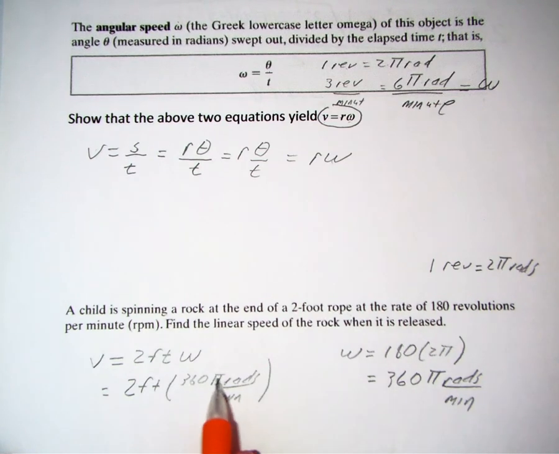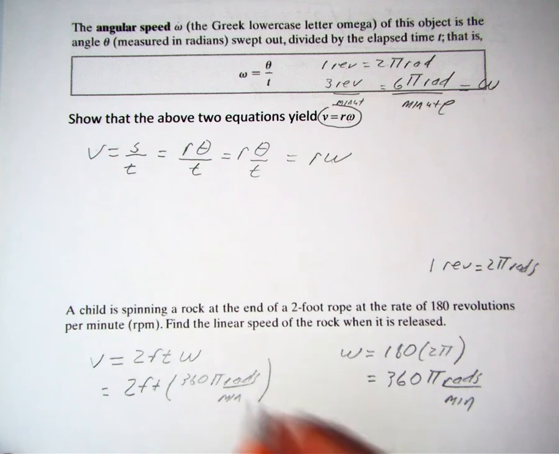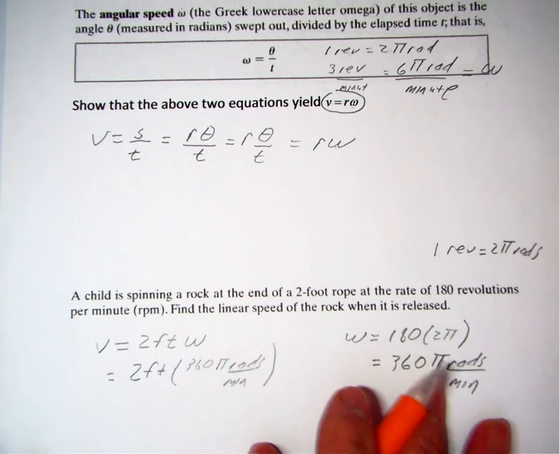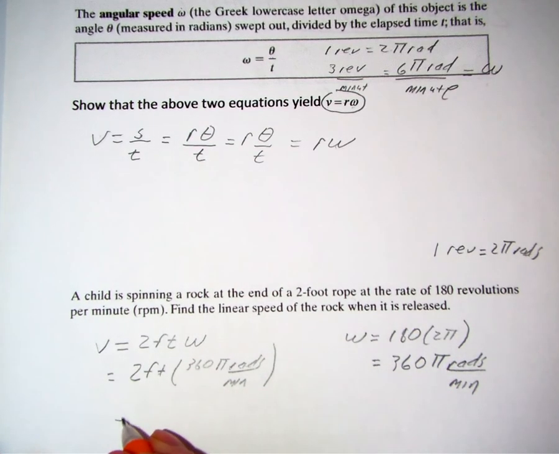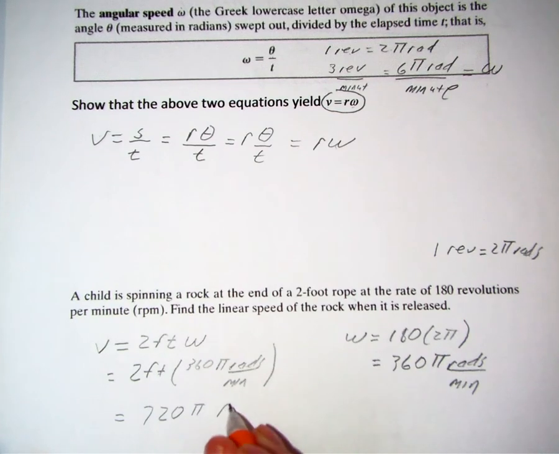If radians had any dimensions, it would screw up what we know the answer has to be, right? The answer has to be in feet per minute. And so the fact that radians has no dimensions lets us carry right on like we didn't even notice it, right? So that's equal to 720 pi. Now all of a sudden it changes to feet per minute.